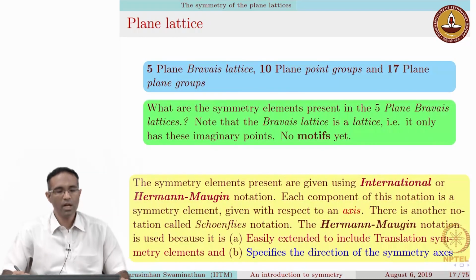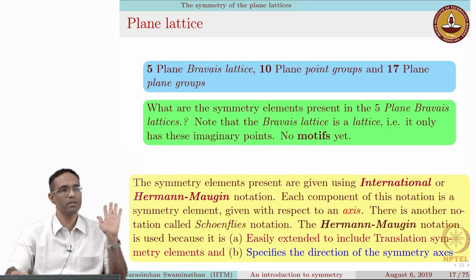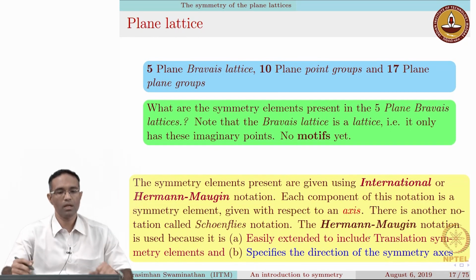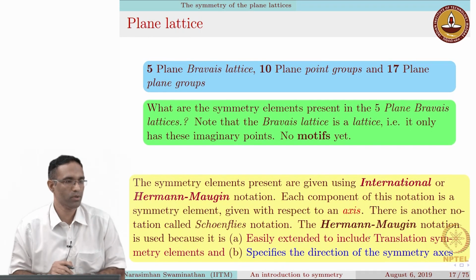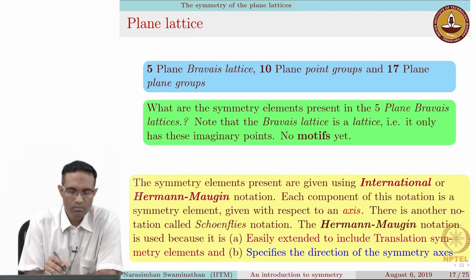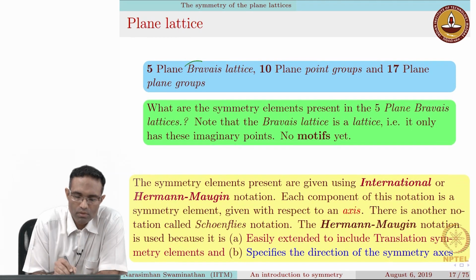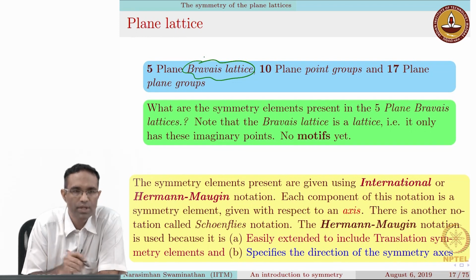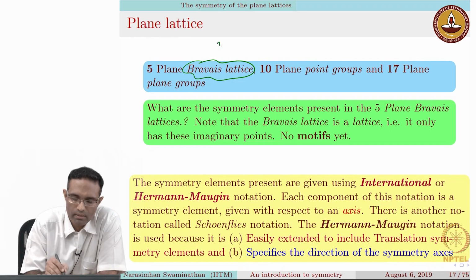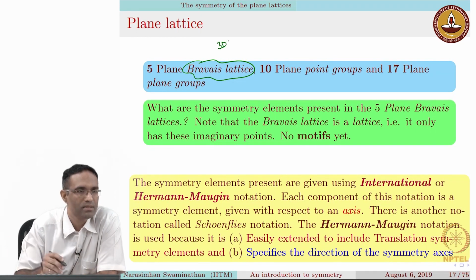So we will start looking at the symmetry of the plane lattices and how we represent the symmetry, and talk about point groups and space groups that are associated with the plane lattice. Okay. So just to remind you, when we talked about the Bravais lattice in 3D, how many Bravais lattices were there? That is a space lattice. How many? So there were 14.